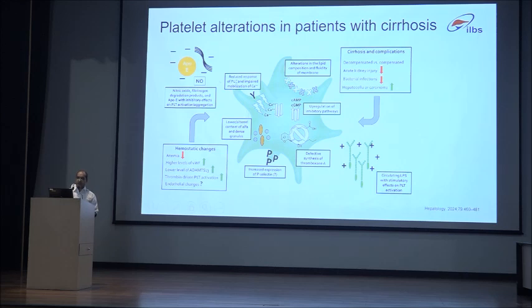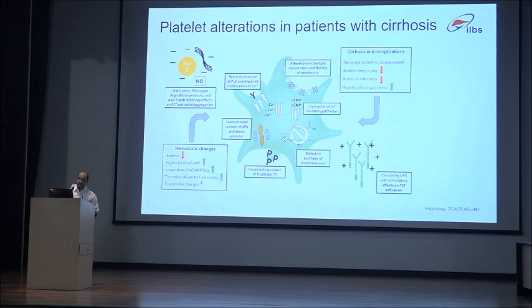The platelets in cirrhosis have 5 times lesser response to phospholipase C, which causes impaired mobilization of calcium inside the cytoplasm, so the platelet activity will be lesser, and the alpha and dense granules are less in cirrhosis.